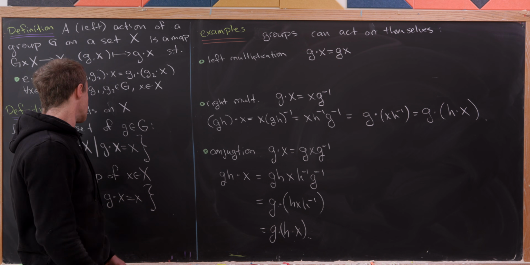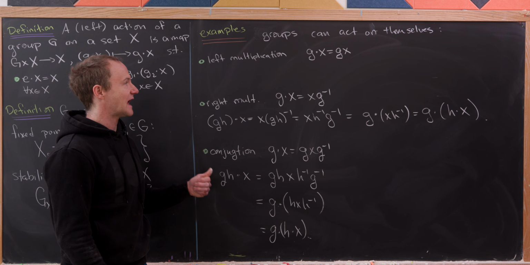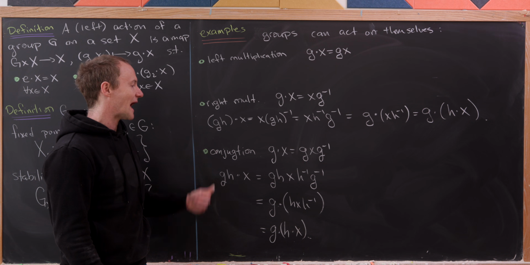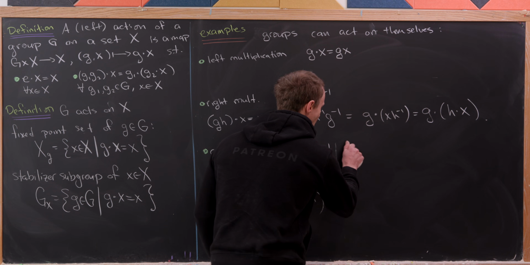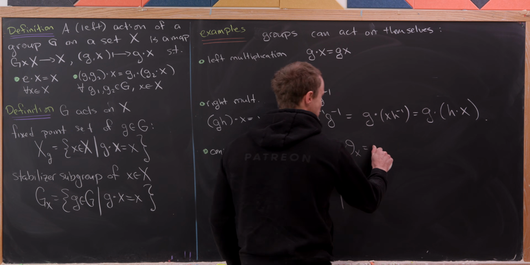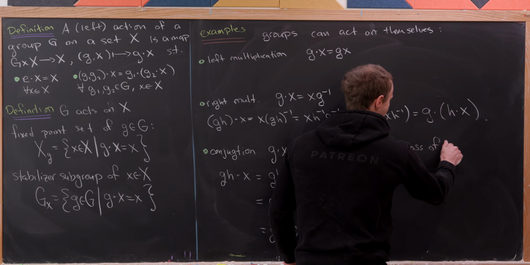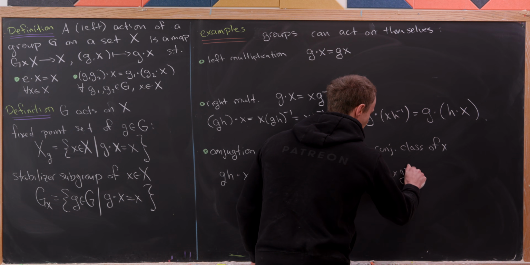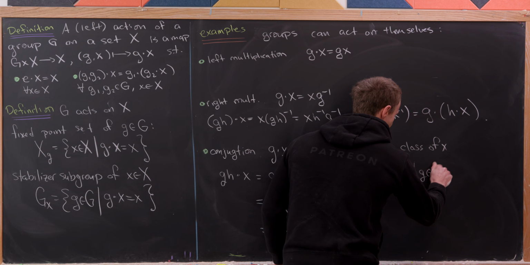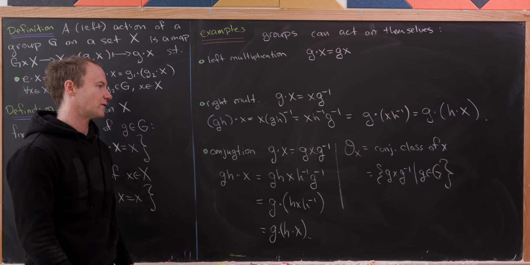Okay, great. Now I'd like to point out that in the case of a group acting on itself via conjugation, we get the orbit of x is equal to the conjugacy class of x. In other words, it's all so-called conjugate multiples of x as you run through the whole group, like we talked about before.